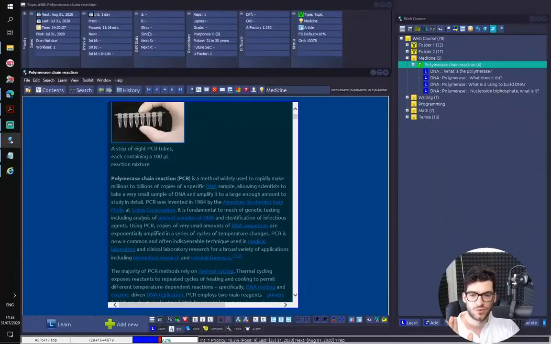Okay? So right now we do know that PCR involves a polymerase reaction. Chain. Why is it chain? Chain reaction. Well, we're going to see that here.